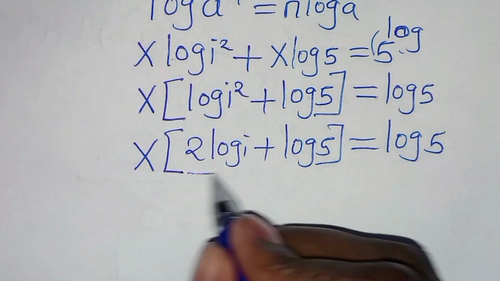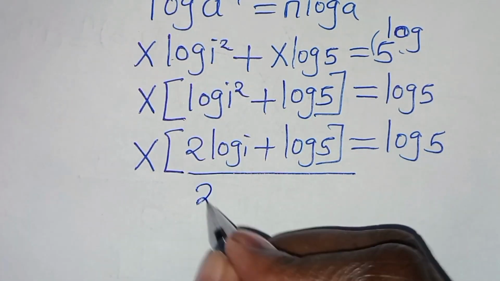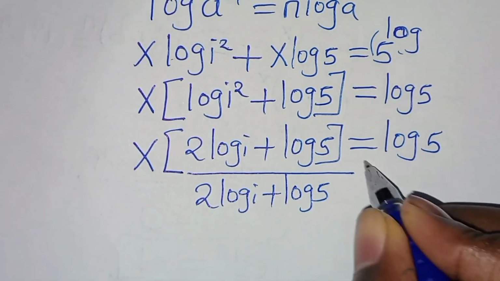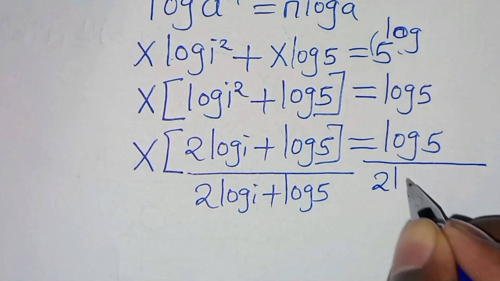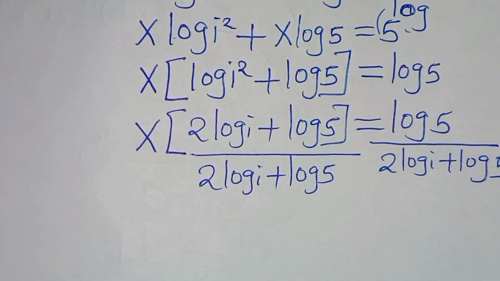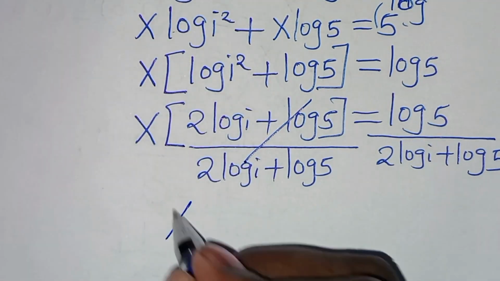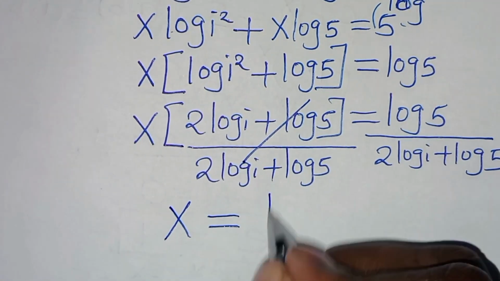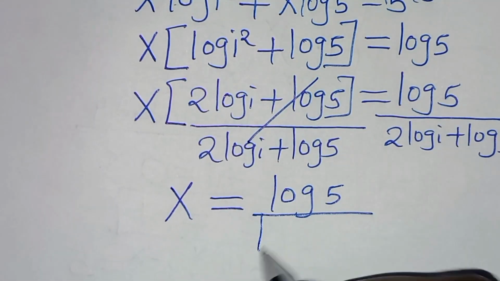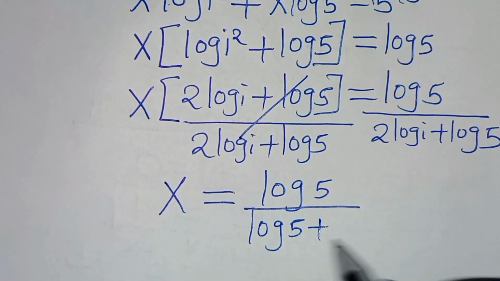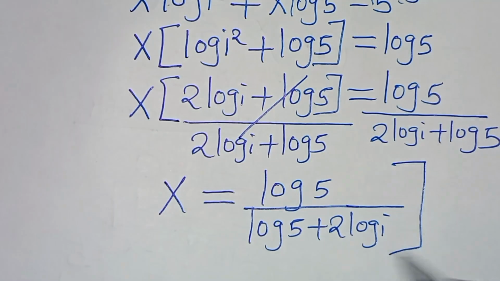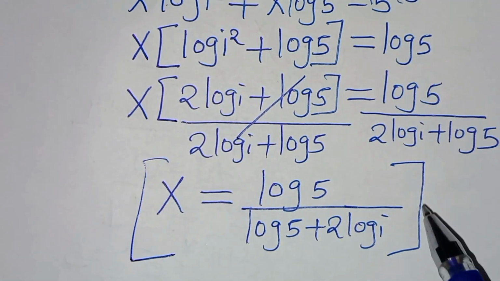So let's divide both sides from here by 2 log i plus log 5. So let's simplify here so that x is equal to log 5 divided by log 5 plus 2 log i. So this is the value of x by applying method 2.